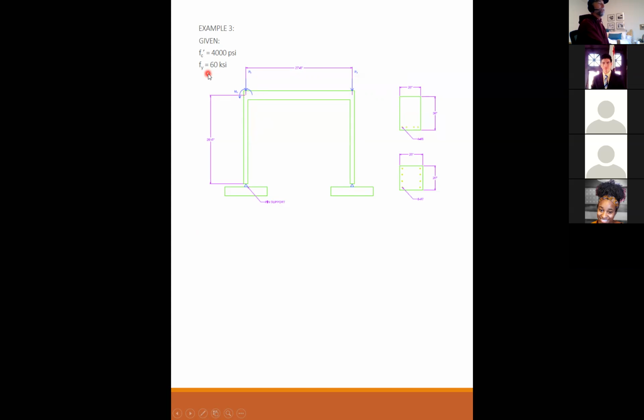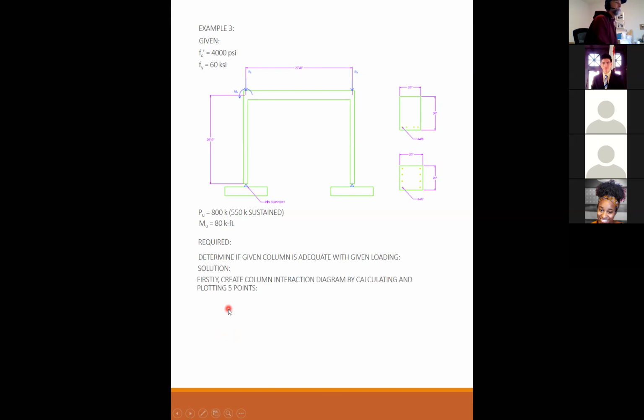The steel yield is 60 ksi. My axial load is 800 kips, 550 of that is sustained. My applied moment at the top is 80 kip-feet. What is required? Determine if the given column is adequate with the given loading.